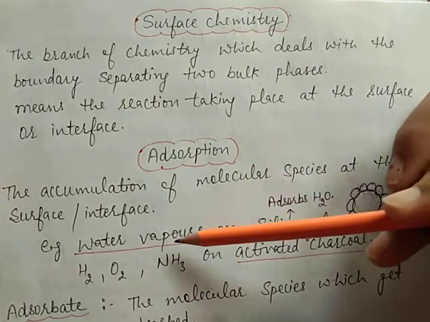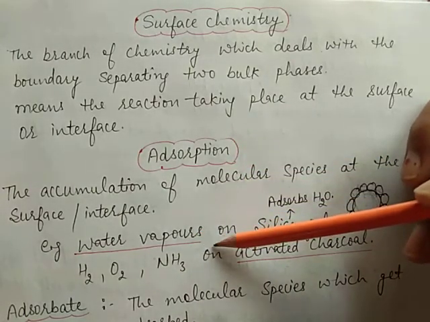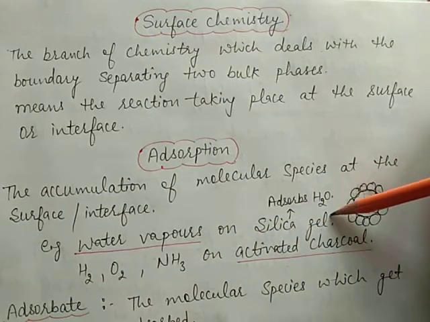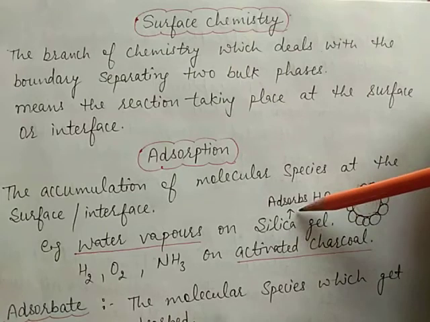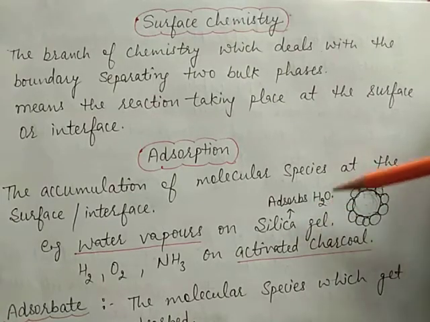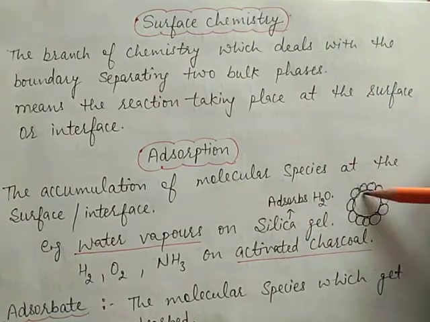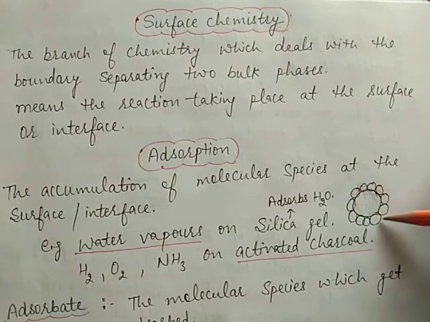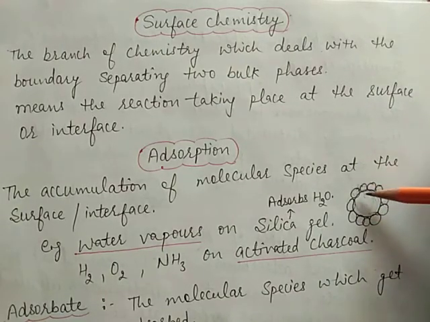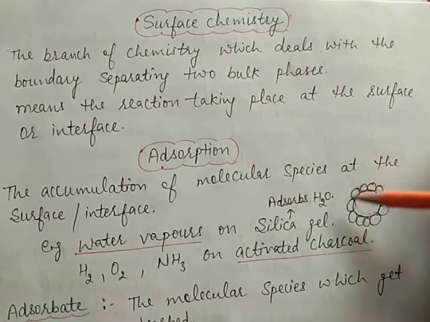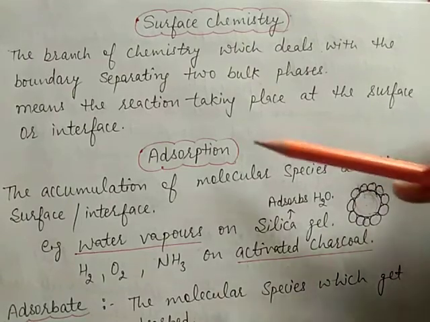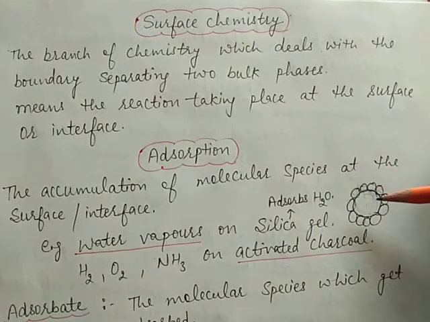Here we take the example of water vapor on silica gel. Silica gel adsorbs water molecules. This is silica gel, and here water molecules are adsorbed at the surface, means these are added at the surface. So here the adsorption process takes place.